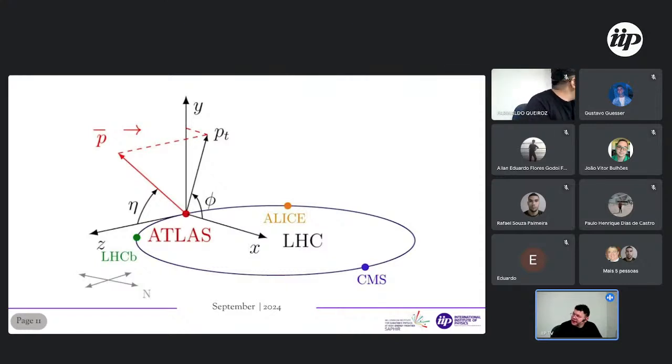in the LHC, the energy today is around 13.6 TeV. But imagine that we have only 13 TeV. So imagine that we can write the four-vector for the protons.